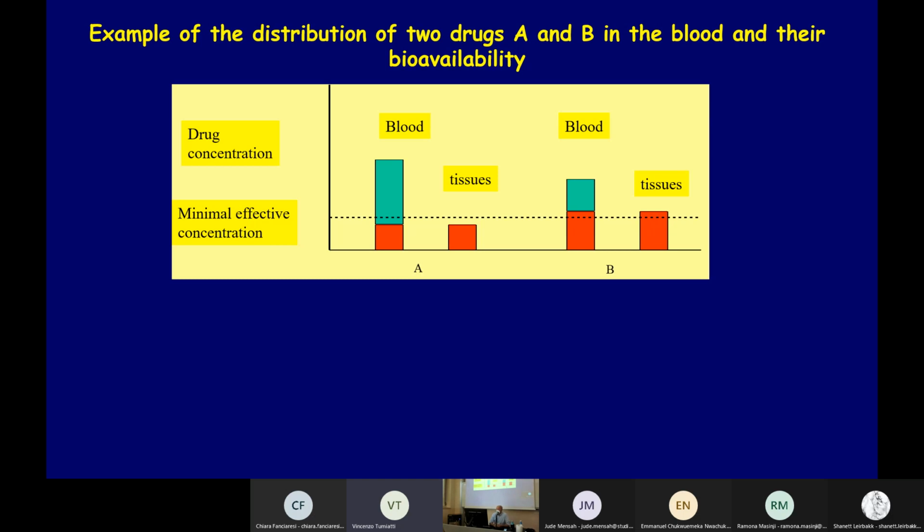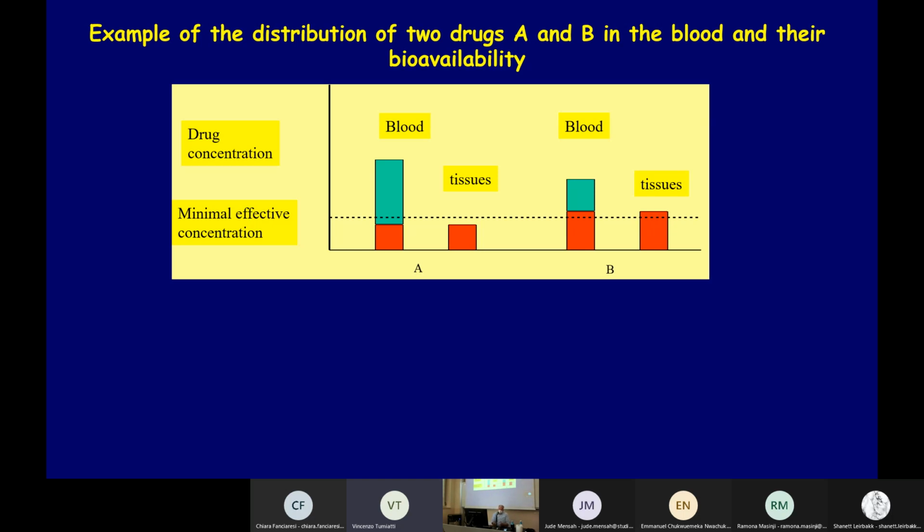And normally, the drug should reach the minimal effective concentration, yes. But the problem is that this level, this concentration, should be reached only by the free drug, not from the bound drug.